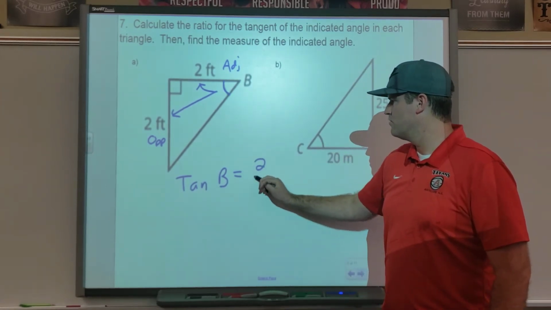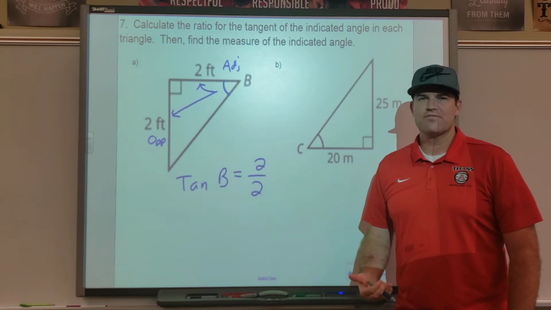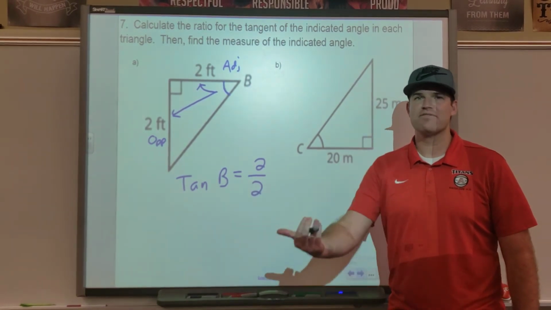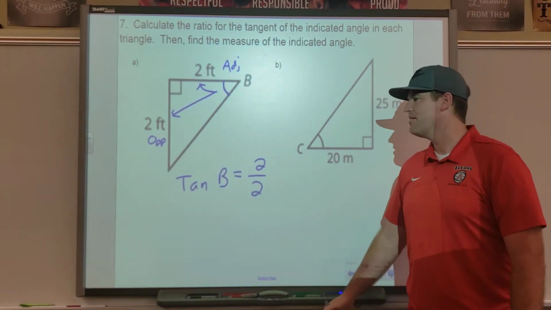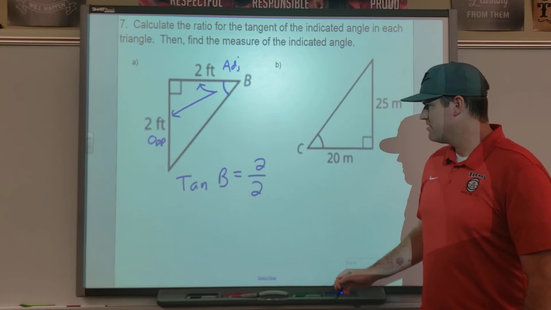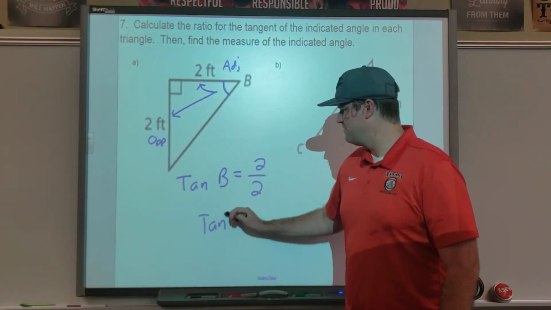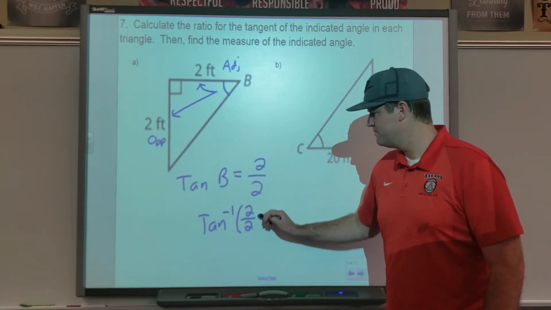So 2 over 2. But I want to find the angle measure. So angle is inverse. Anytime we're finding the angle, we're using the inverse of the trig function. So I'm going to end up calculating inverse tangent of 2 over 2.